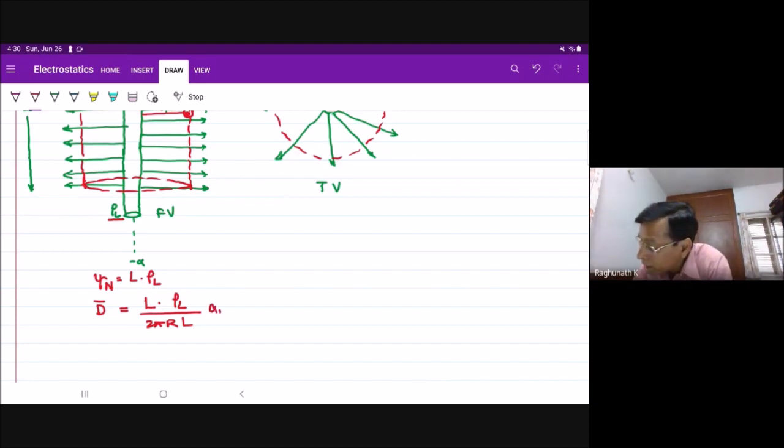A radial to the cylinder is the flux density, because of which it is rho L by 2 pi r.